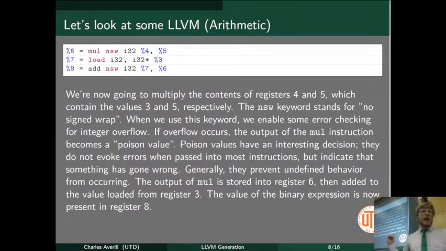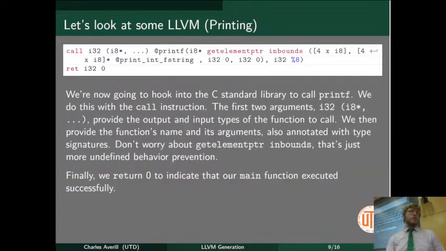And then we're going to add the output of the multiplication, which is in register 6, to 2, which is in register 7. Again, these are I32s, no signed wrap, nothing special there. And ta-da, register 8 has the value of the binary expression contained in it.